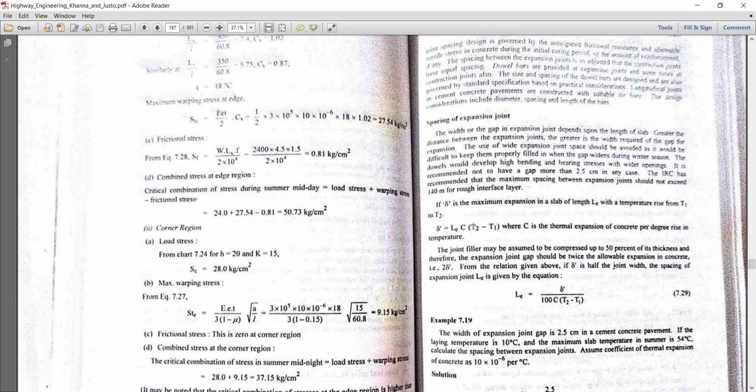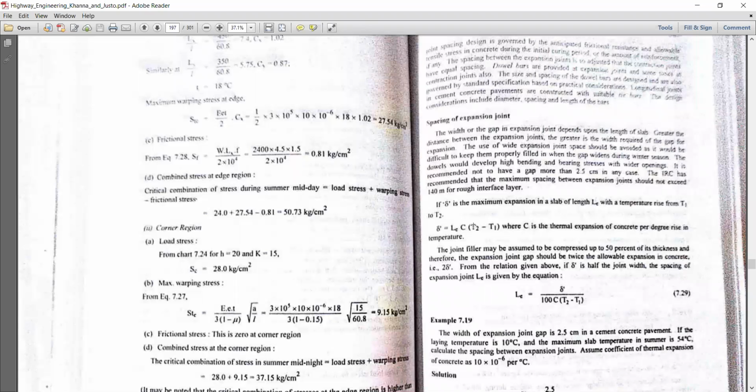From the relation given, delta dash is half the joint width. The spacing of expansion joint L is given by delta dash divided by C into (T2 minus T1).